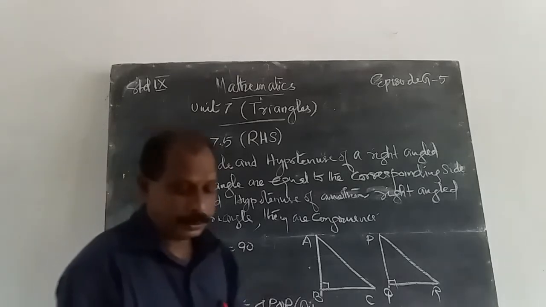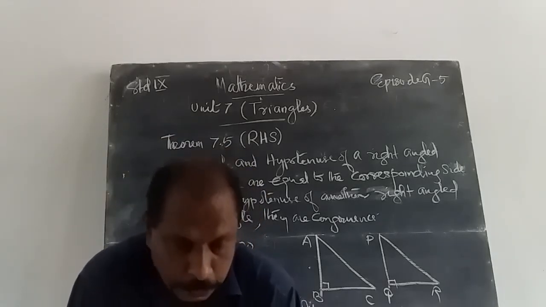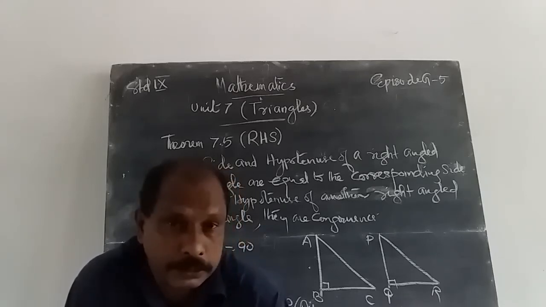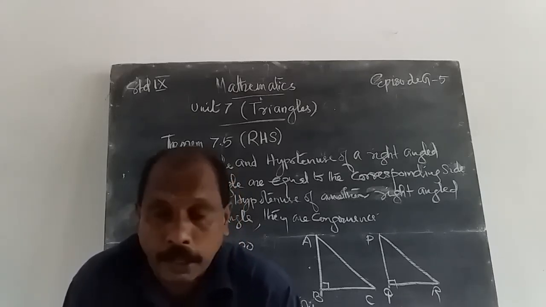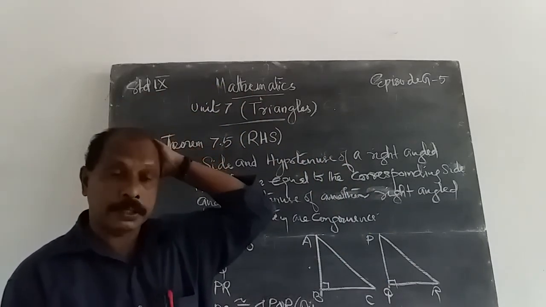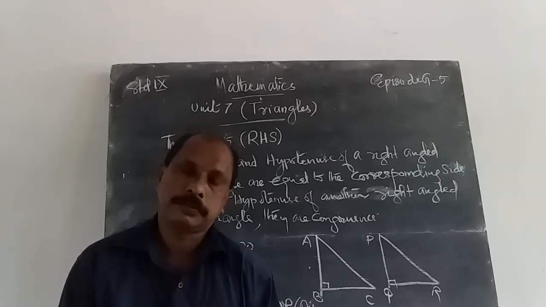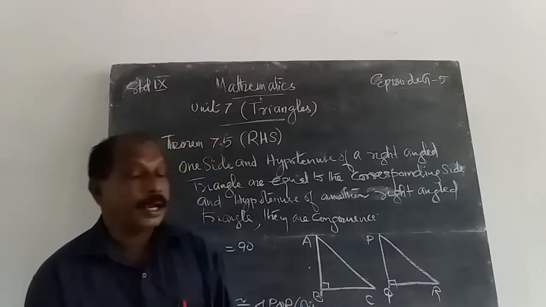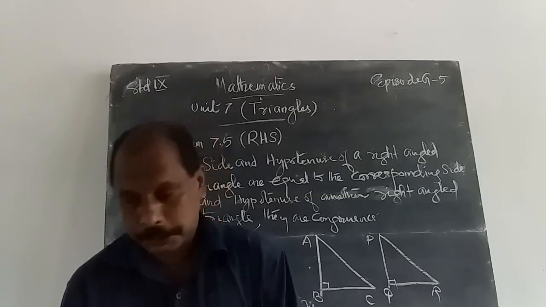Okay. First theorem is 7.1. There are three. One is SAS. That is, two sides and the included angle of one triangle are equal to the corresponding two sides and the included angle of the other triangle. They are congruent. Then the second is ASA criteria or theorem.